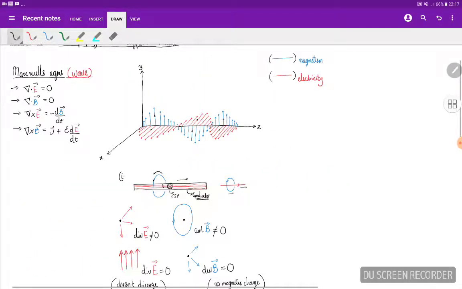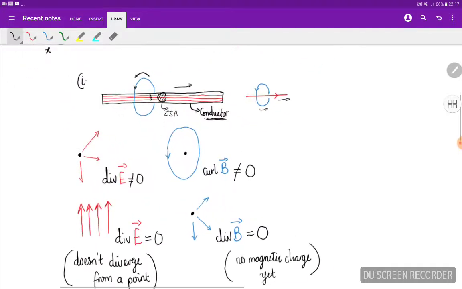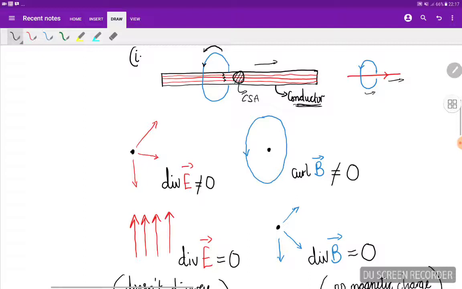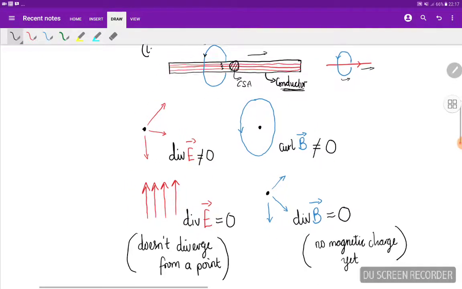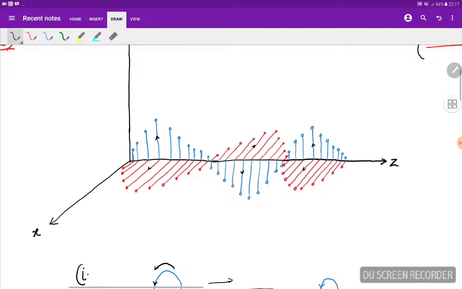Now why is div E 0? I thought all electric fields come out from a source point, from a charge. Well, it's different in the case of a wave, because in a wave the fields come up and they're increasing, and then decreasing, and then increasing.